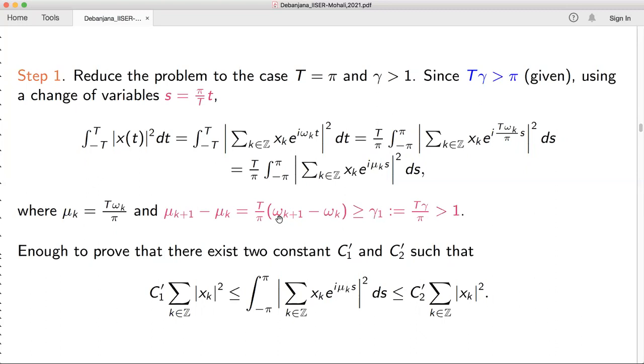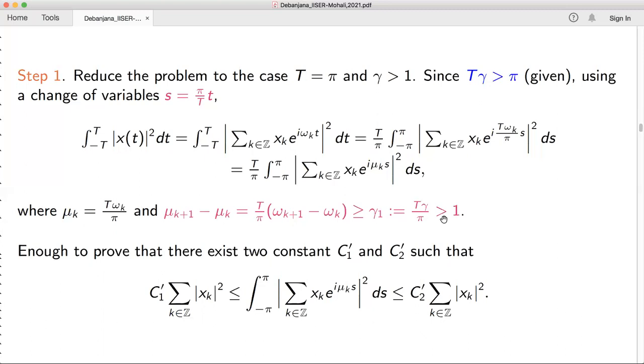Since we knew at the beginning that omega_k satisfies the gap condition with gamma, and T is strictly greater than pi by gamma, ultimately the new gap condition, denoted by gamma_1, is precisely capital T gamma by pi, which is strictly greater than 1 due to our assumption. Okay, so that is very crucial afterwards. We need in particular that gamma_1 is strictly greater than 1.